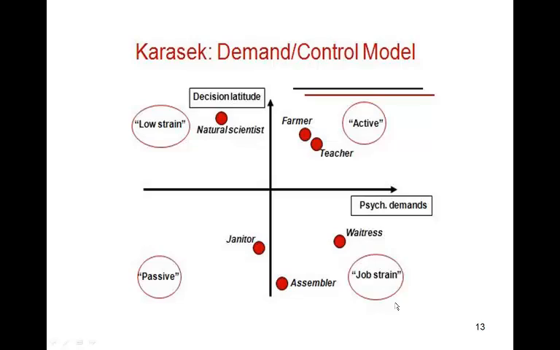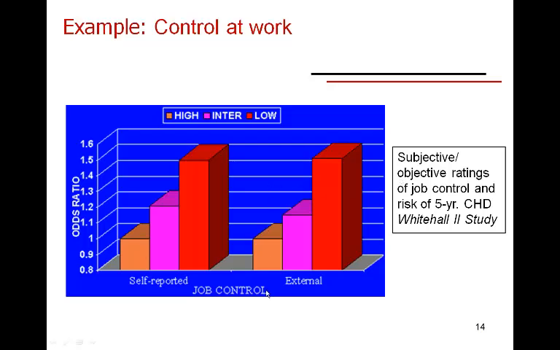So many studies looking at cardiovascular related outcomes and others just focus on the job strain quadrant relative to the other three. Some pull the dimensions out, like this particular study done on the Whitehall cohort. This is contrasting self-reported, self-assessed degree of job control using the Karasek instrument and an external assessor's assessment of the degree of job control experienced by individuals.